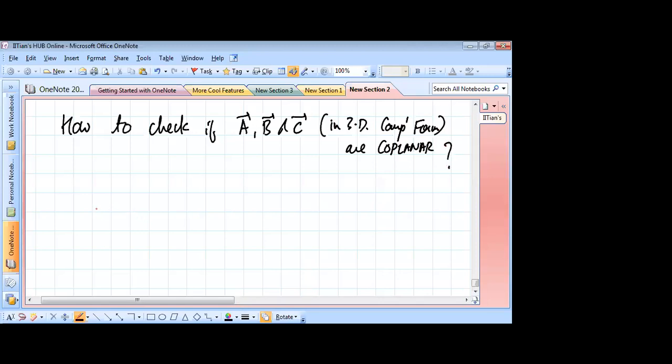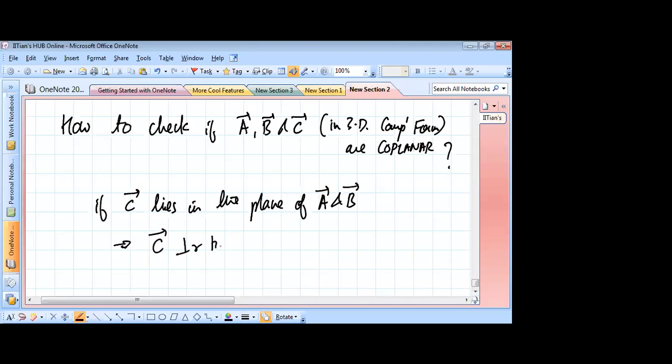So let's understand this. Okay. So if C lies in the plane of A and B, that means C will be perpendicular to A cross B.